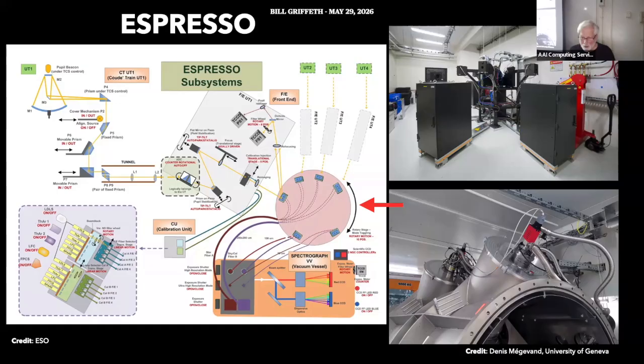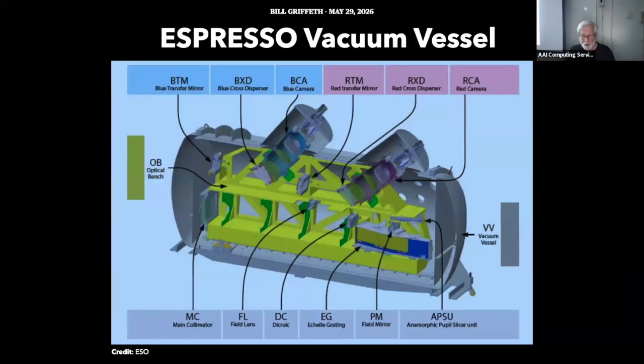Anyway, the combined light is then fed into a single fiber into the spectrograph, which is inside a vacuum vessel. The vacuum vessel with protruding red and blue cameras is shown in the lower right corner. And there's another picture of the vacuum vessel in cross-section.